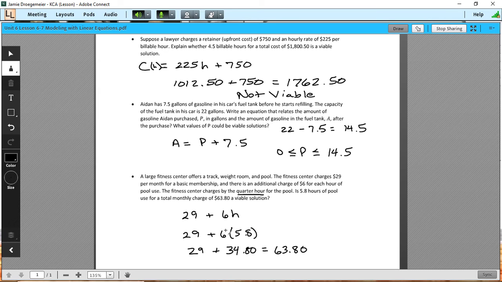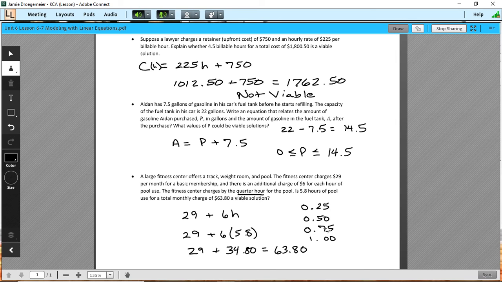What that means is a quarter is 1/4 or 0.25. So they're charging for every quarter hour. And so if I was in there for 5.8 hours, they're not going to charge me for 0.8. They're going to round up to the next quarter.